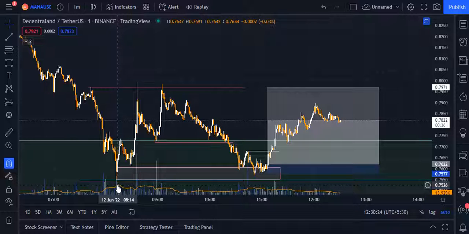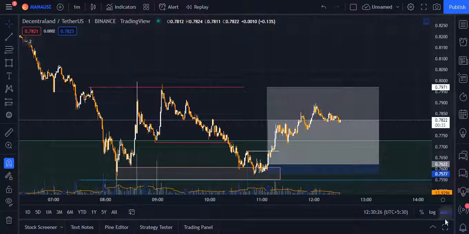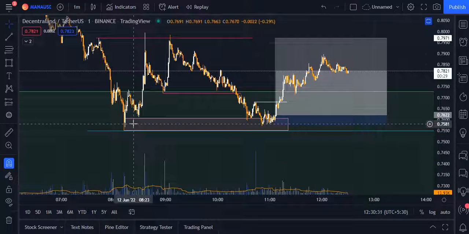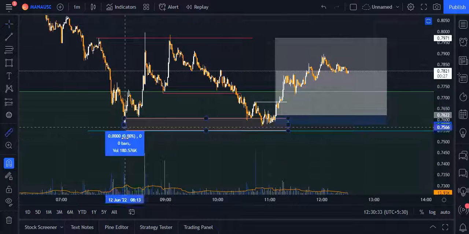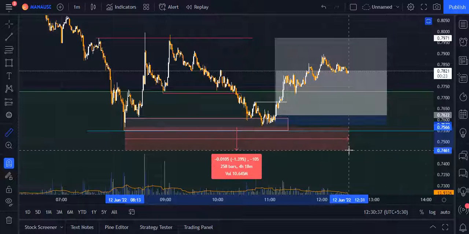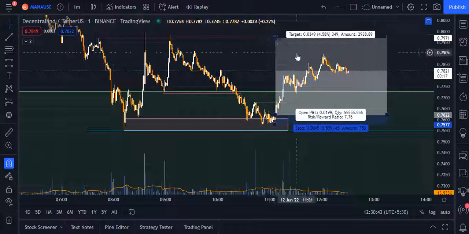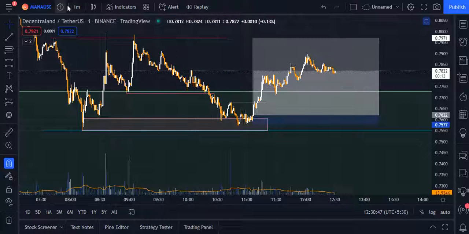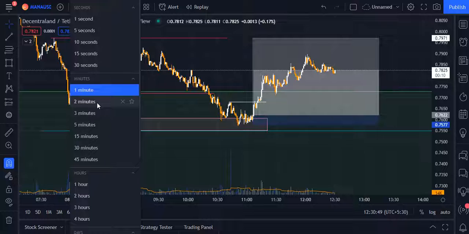Let me see. Okay, can I measure it? It's already been about, wait, 4 hours 18 minutes since morning, and we haven't been showing any kind of reversal sign yet.